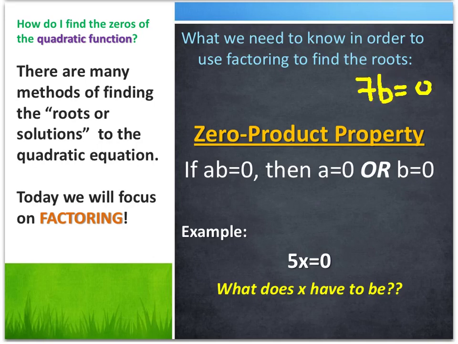So in this case, b would have to be 0. So anytime you multiply something times something else and get 0, either the first part is 0 or the second part is 0, right? So here, 5x equals 0. What does x have to be? Again, 5 can't be 0, so x has to be 0 here.